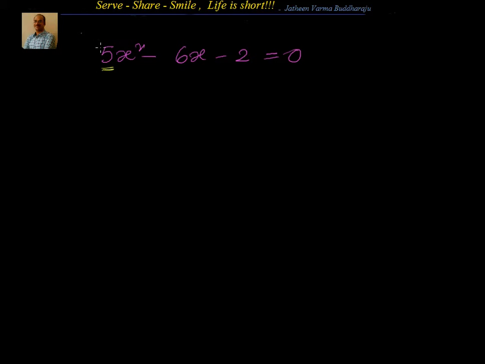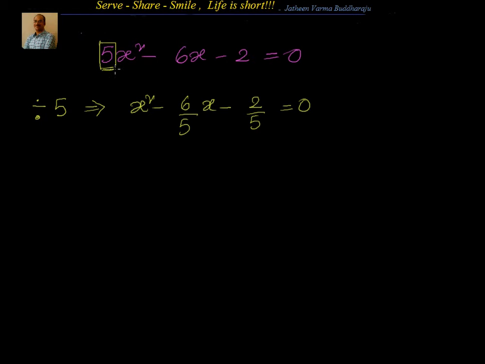One is to make sure that the x square term becomes a perfect square. 5x square is root 5x whole square, which is complicated. Now you can multiply with 5 throughout the equation and make it 25x square. But I always prefer to keep the coefficient as 1, so I will always divide by whatever the coefficient is. Dividing by 5, I will have x square minus 6 by 5x minus 2 by 5 equal to 0. Now this is what I advise you to do.